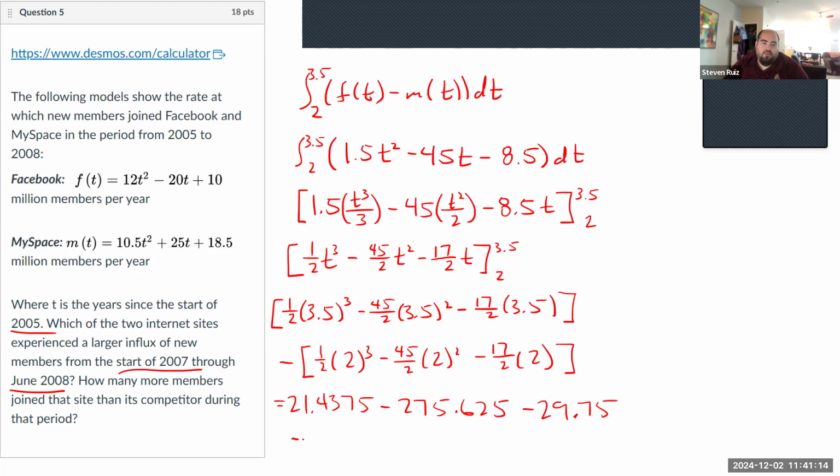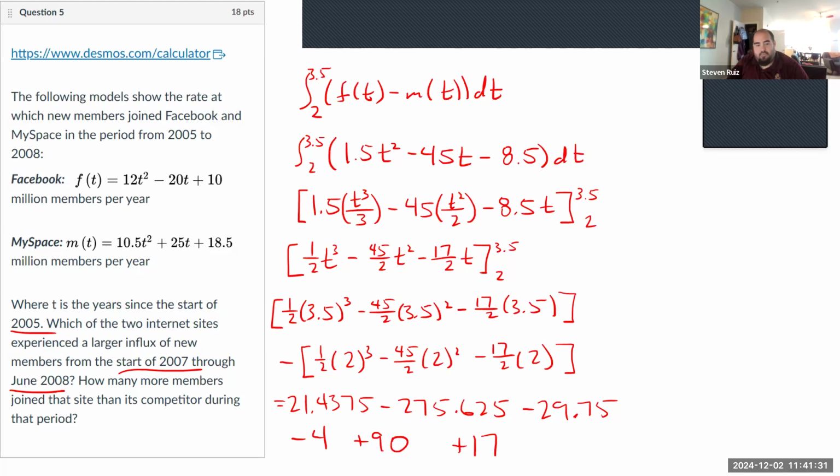Eight over 2 is 4, minus 4. 2 is 2. All right, now I can add them all together.